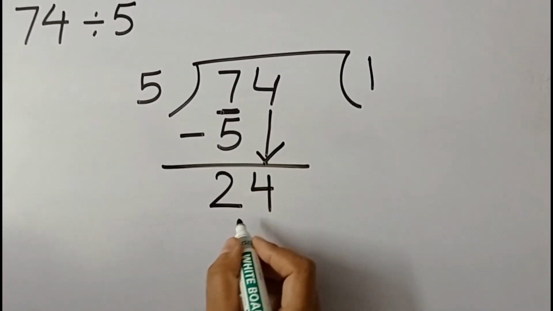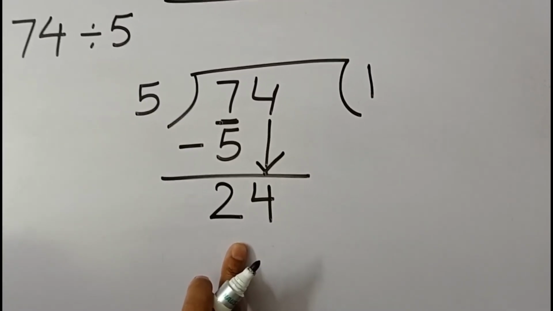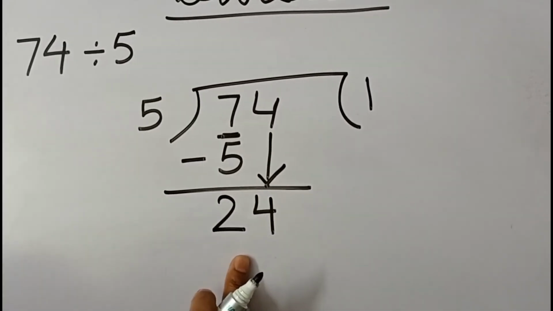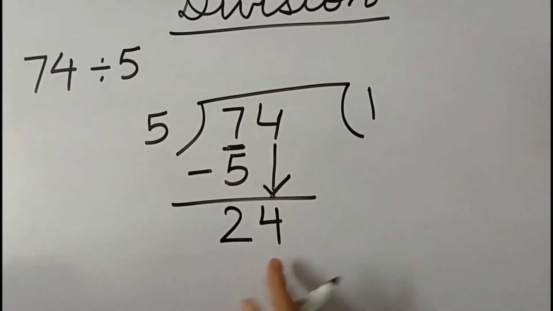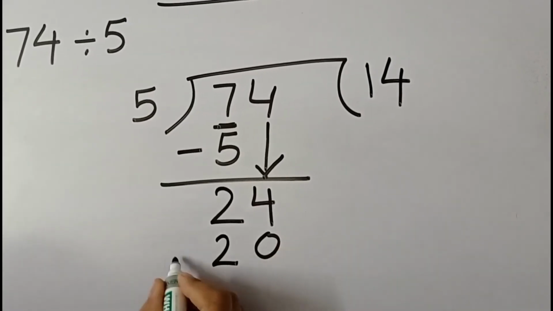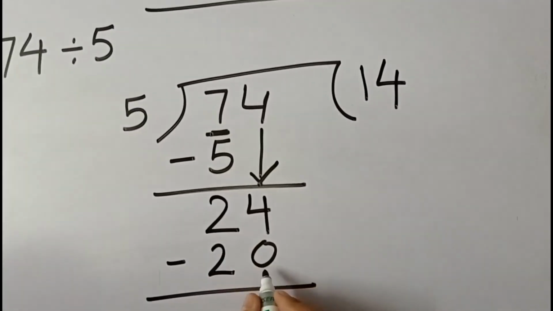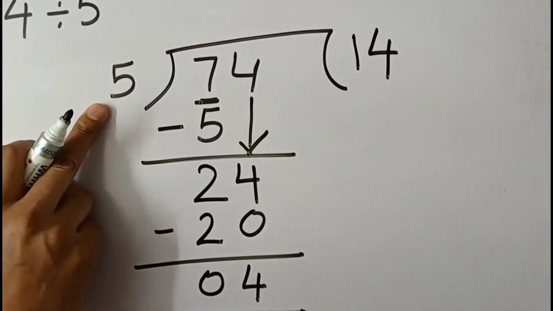Now we will see if 24 is there in 5's table. No, it is not there. Then 5 5s are 25, which is more. 5 4s are 20. Yes, it is less. And I told you that day that our remainder should be less than our divisor.